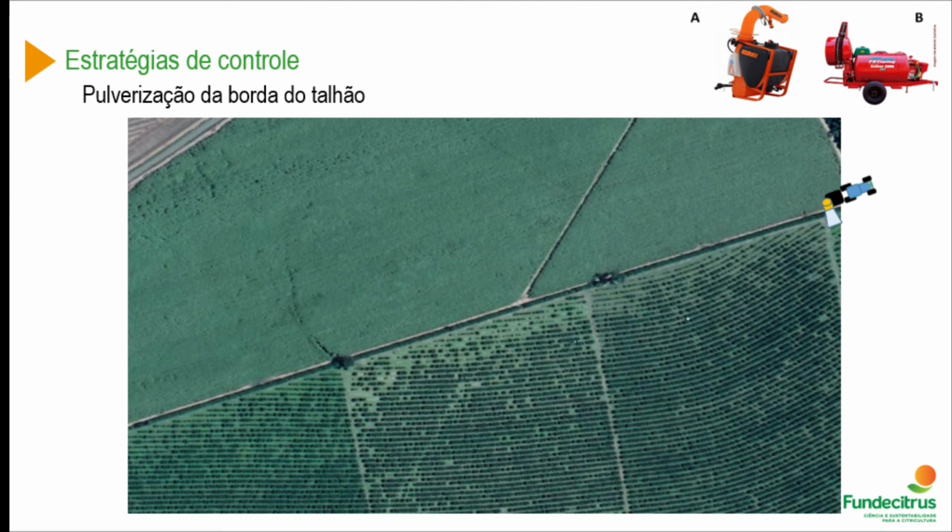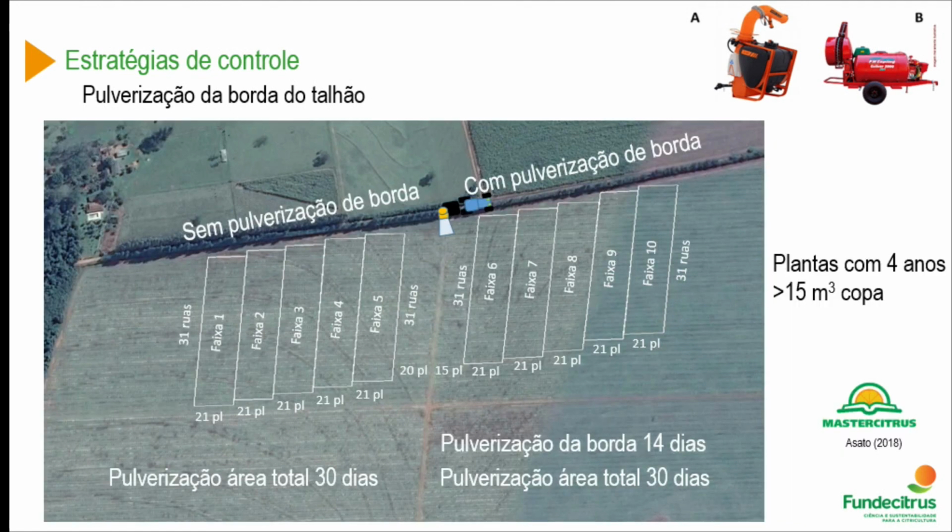They will remain on the first plants, and that high frequency application, in addition to being faster and quicker, could get effects. We assessed that with a turbo, and this was a study from Fabiano, also at Fundecitrus.